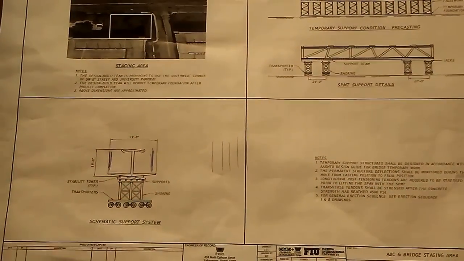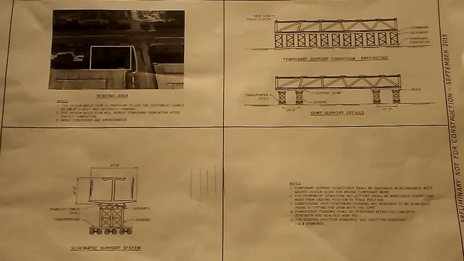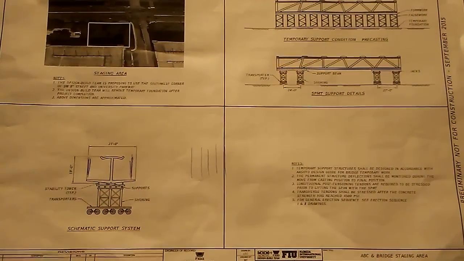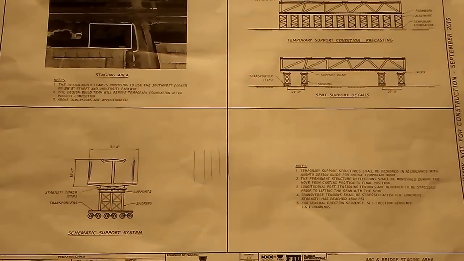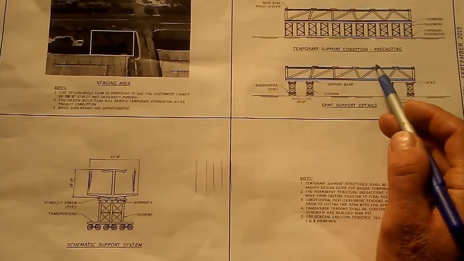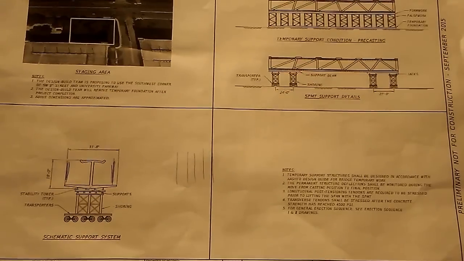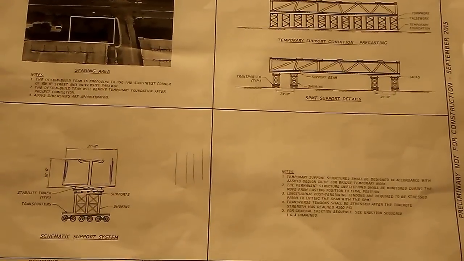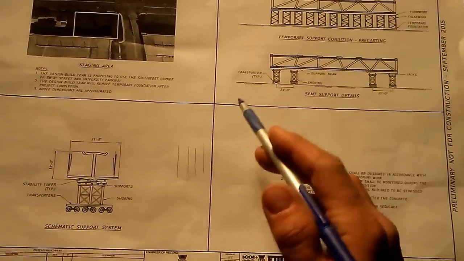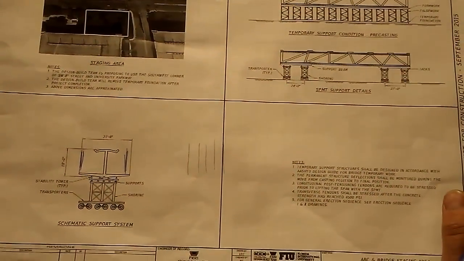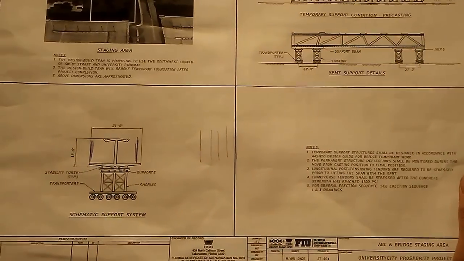You're designing for heavy trucks, for semis, 36-ton semis or more. So you're looking at much heavier loads, and this design would never have worked for vehicle traffic anyway. So let's just get that out of the way. This design was specifically intended for pedestrians and the lighter loads that they involve.